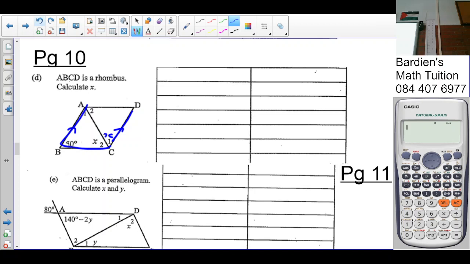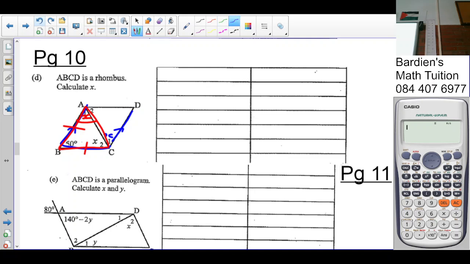There's another way I could have done it. I could have said BC is equal to AB. Why? All sides are equal in a rhombus. Then A1 is equal to x. Why? Angles opposite equal sides. Then sum of angles in a triangle. We'd have gotten the same solution.